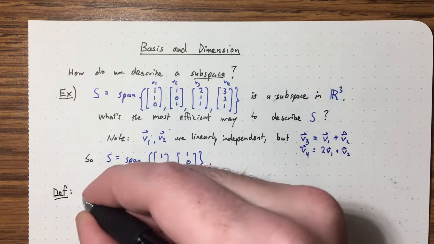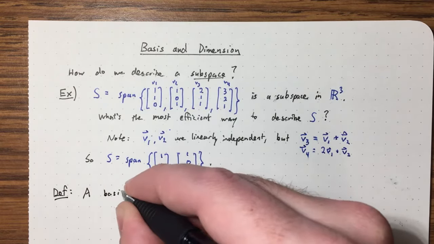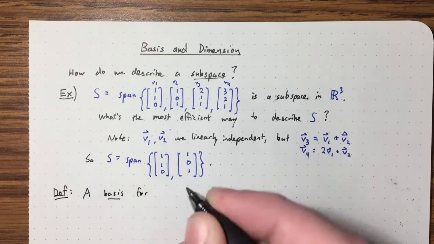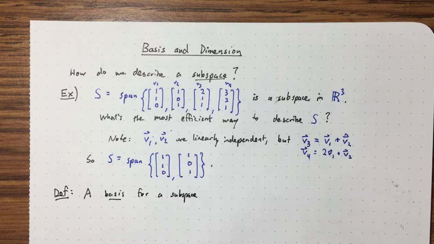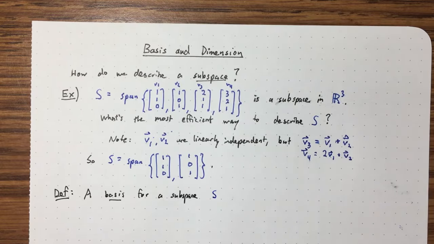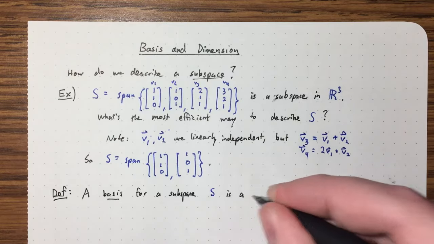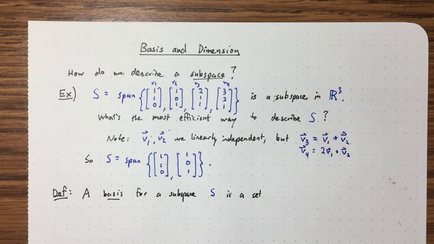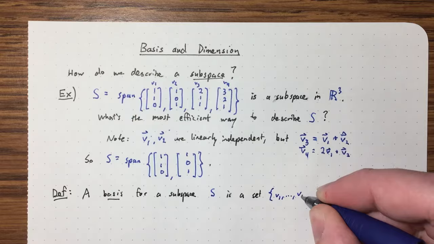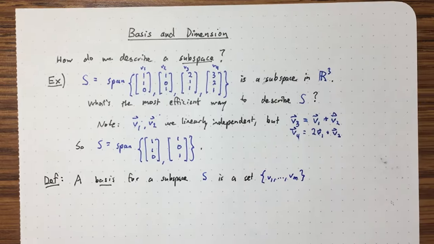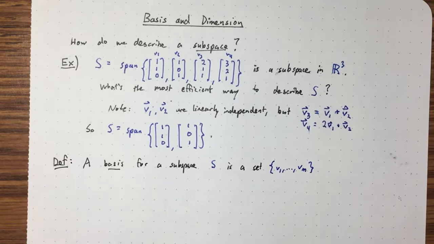So a basis for a subspace S is a set of vectors in the subspace, let's say v1 up to vm. Here we had two vectors.